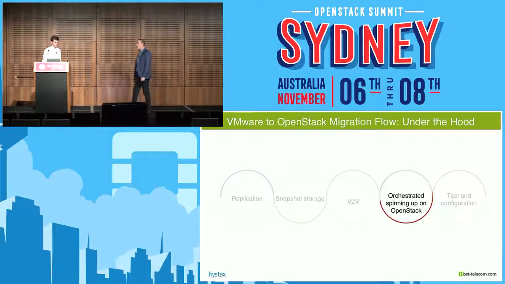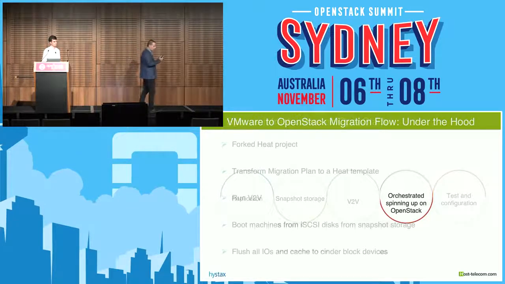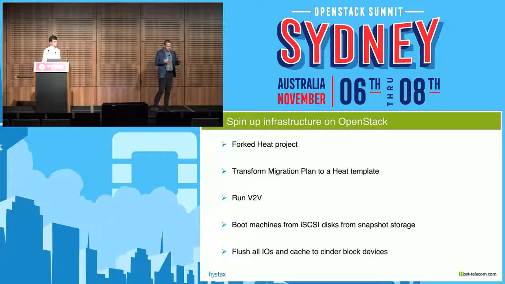So, how and what do we do in terms of spinning up a test migration or a final migration on OpenStack? To do that, we need a way of describing what we would like to spin up. We need a way to provide dependencies between machines because we want to be smart. We don't want to have 152 VMs and just click one button and start all these VMs at once.